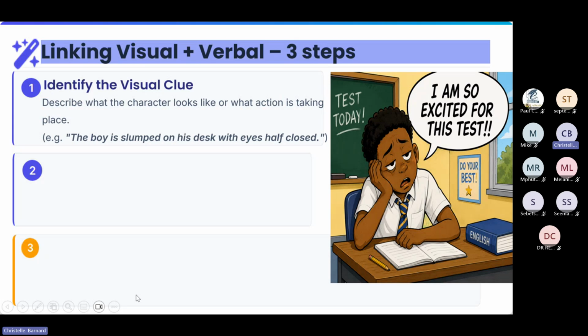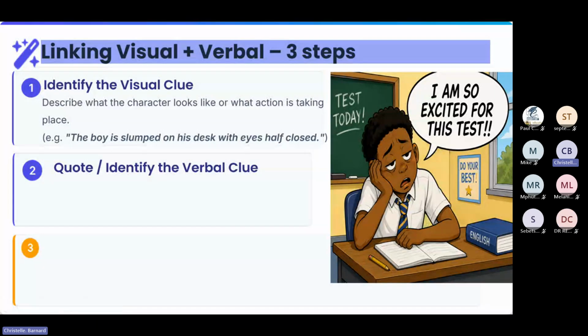And then the next one is, remember, the quote or identify the verbal clues. Now, the verbal clues, here we have a speech bubble, right, because of this tail. And then we see the words, I am so excited for this test. So it's big letters, printed in bold, and there are 2 exclamation marks after test. So if you just look at the words, it sounds like this boy is happy and excited.